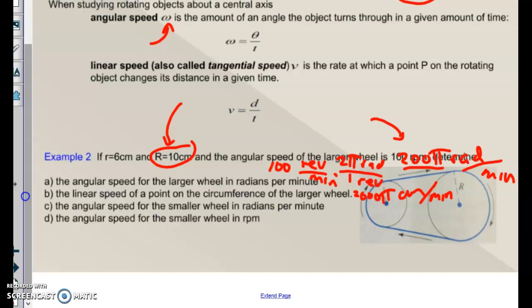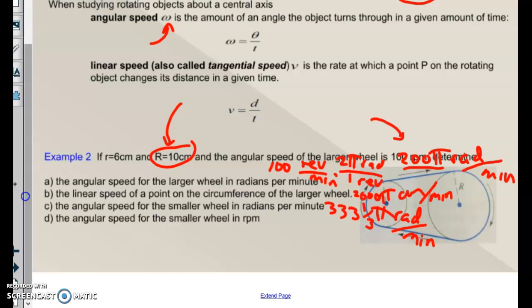So up here we had 200 pi radians for it. This one's going to be 333 1/3 pi radians per minute. So it's traveling faster because of the smallness of the pulley. The pulley has to go faster to keep up.